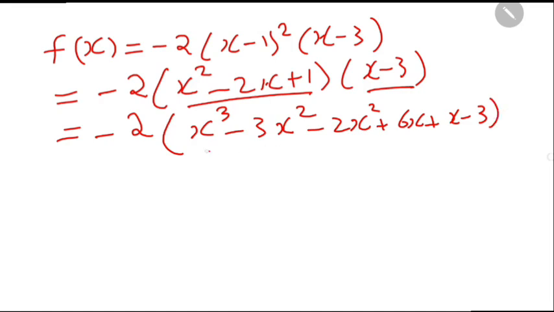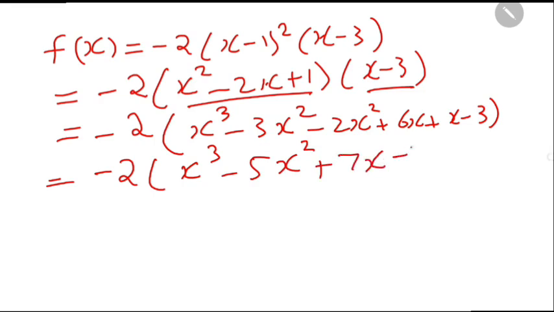So after I FOIL, this is my answer. So I'm gonna simplify. x power 3 minus 5x squared plus 7x minus 3.